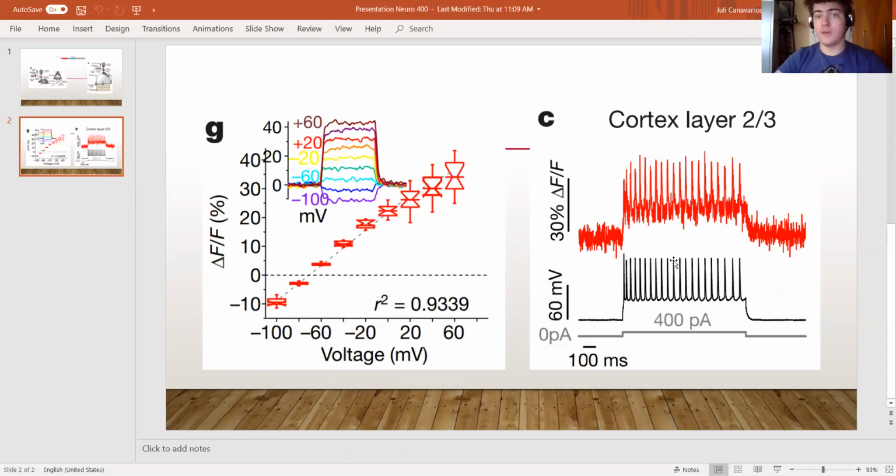And to prove it all, there's letter C. So in the bottom, in the black lining, is the standard recording of neural activity. So they insert an electrode and record the electrical response. And on top is their methodology of recording the brightness of the cell.